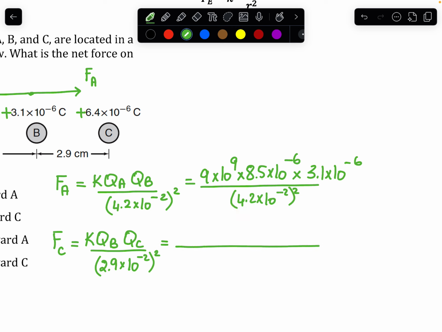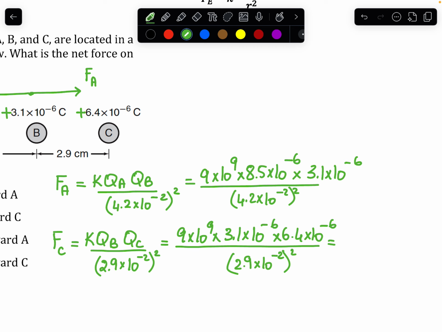The second one is 9 times 10 to the power of 9, times 3.1 times 10 to the power of negative 6, times 6.4 times 10 to the power of negative 6, divided by 2.9 times 10 to the power of negative 2, the whole thing squared. After finding each one, I will deduct them.